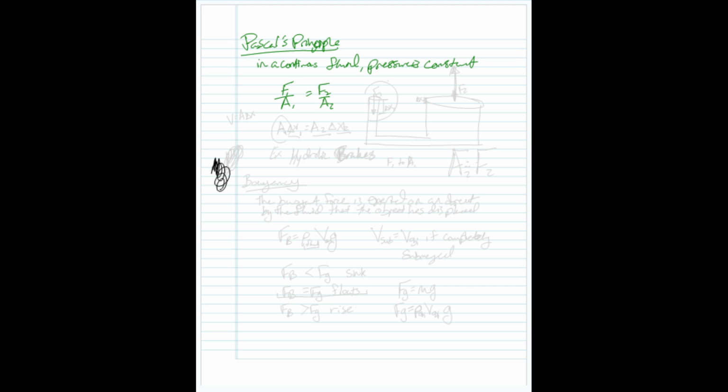This is typically applied in the context of hydraulics, where we have a fluid in a small surface area that is connected up to a fluid with a large surface area. I can apply my F1 here, and I get my F2 there.